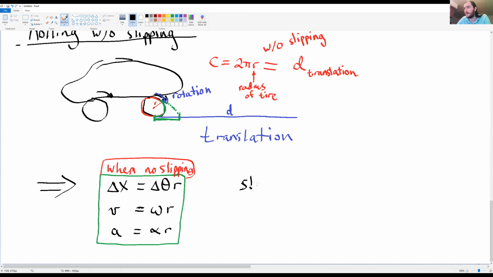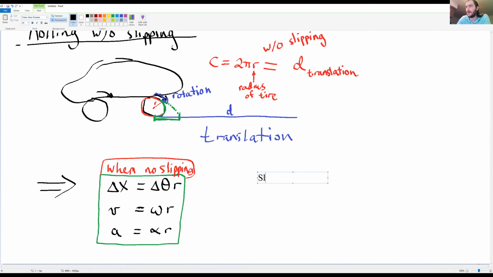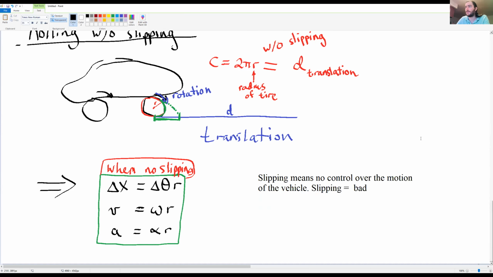Let me just type it out here so it looks nicer. So slipping means no control over the motion of the vehicle. Okay, so that means slipping is a bad thing.